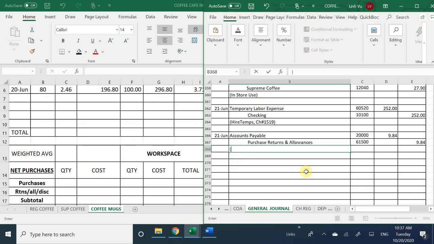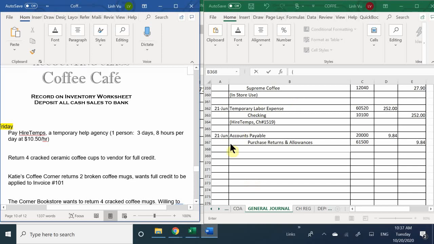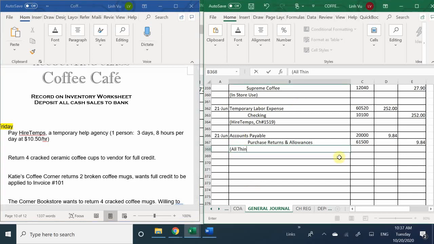So who is my vendor? All Things Ceramic. Okay. How many coffee mugs am I refunding for? 4.